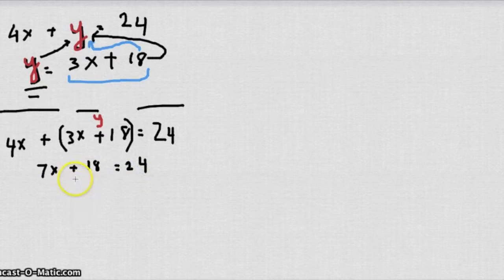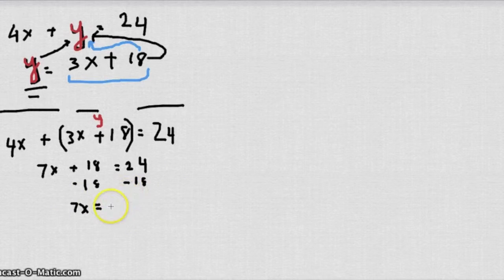We can solve for x by saying minus 18. Then we get 7x is equal to 6, and then divided by 7, x is then equal to 6 over 7.